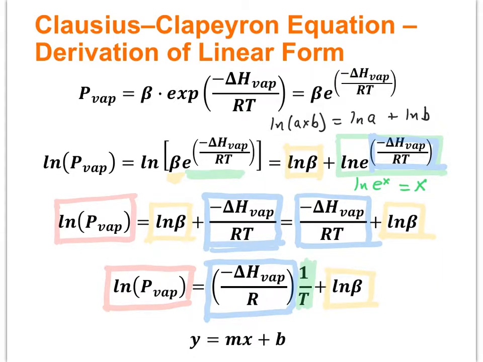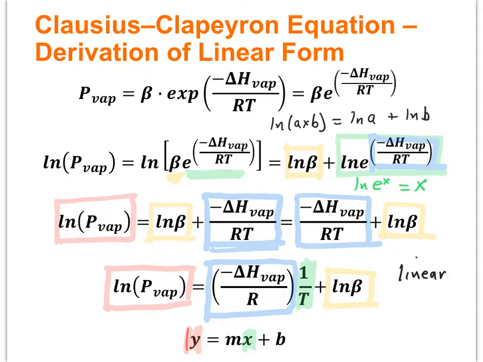And what's nice about this is that we've created out of this a linear expression where the natural log of the vapor pressure is the y variable, 1 over the temperature is the x variable.